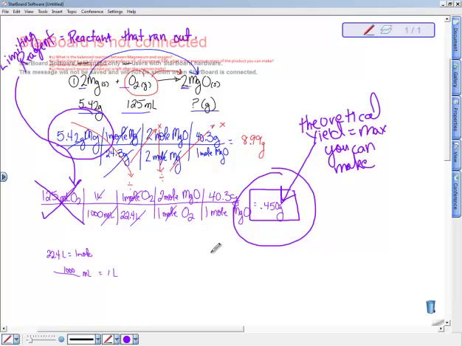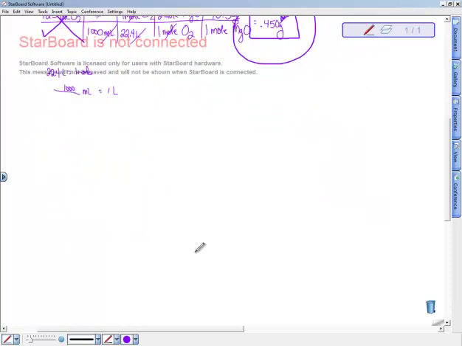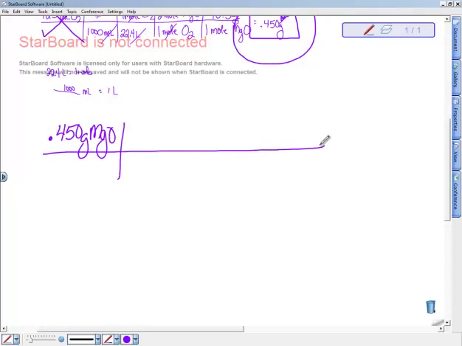We only used part of that. Here we go. I'm going to start with my 0.450 grams of MgO, and watch this. You can do stoichiometry to figure out how much magnesium was in that product.